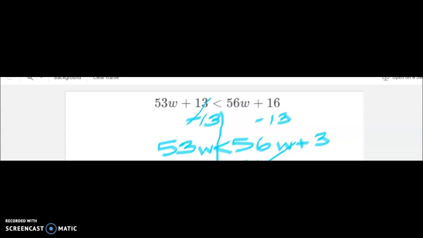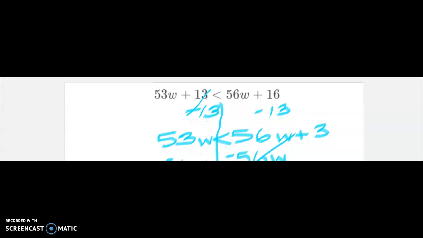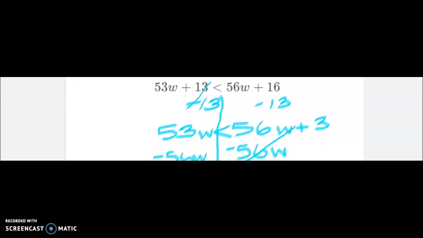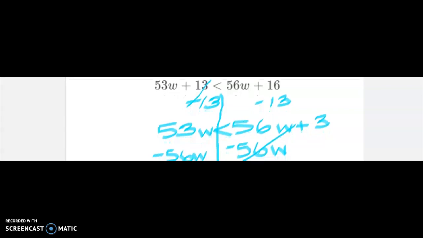Okay, now I am choosing to move that negative 56, right? I want to move it to the left-hand side. So I'm moving the 56W, right? So opposite would be minus 56W on the right side and on the left side.